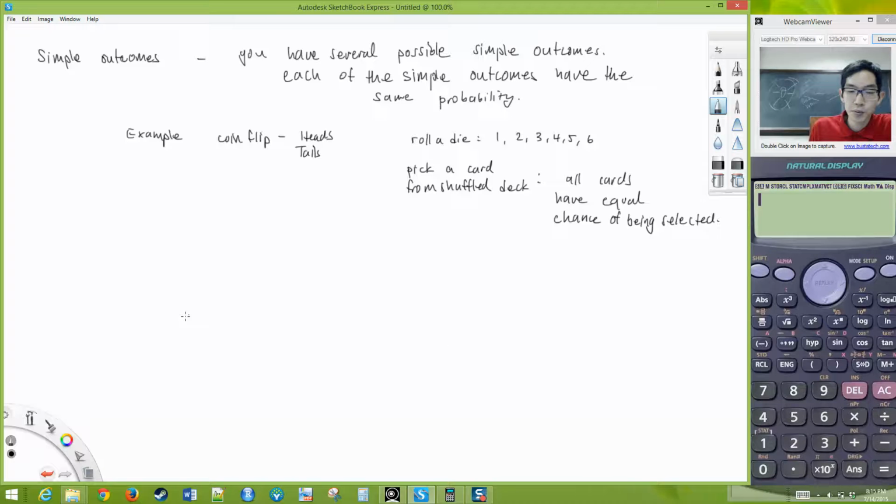And if you define another event as either one of these simple outcomes or a grouping of the outcomes, okay? So you have some other event, A, which is either one or multiple simple outcomes.